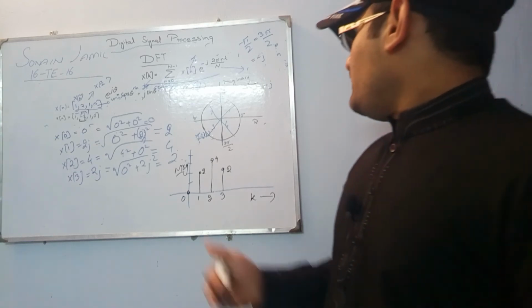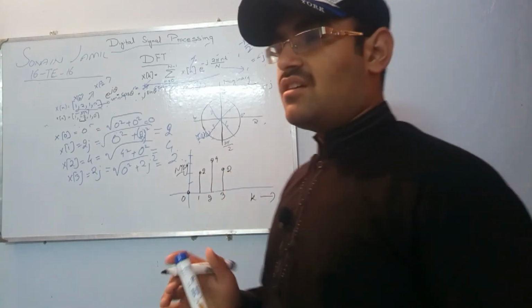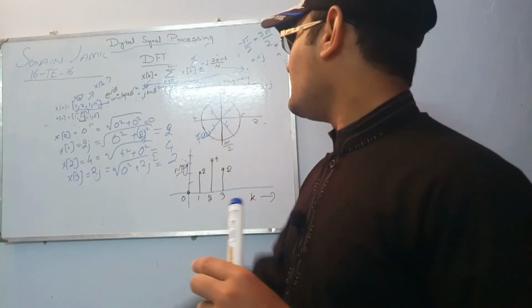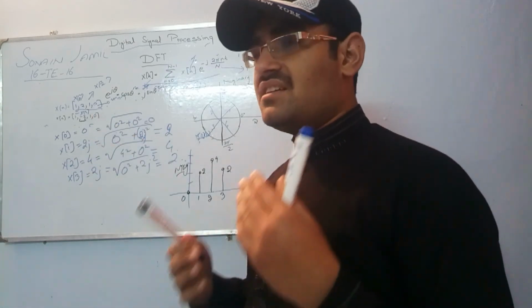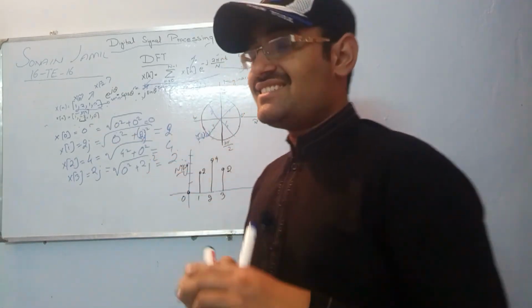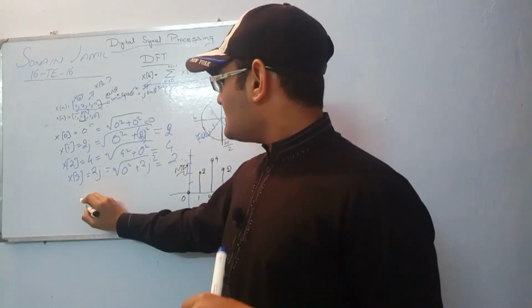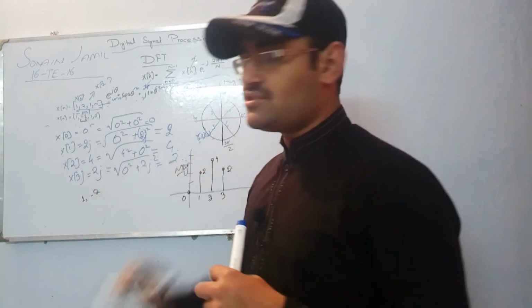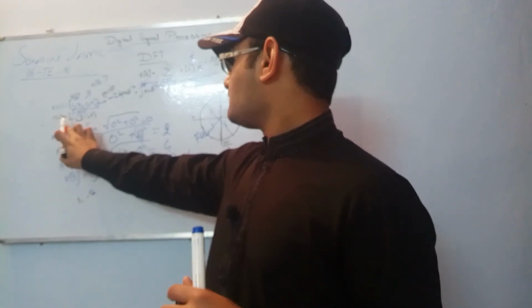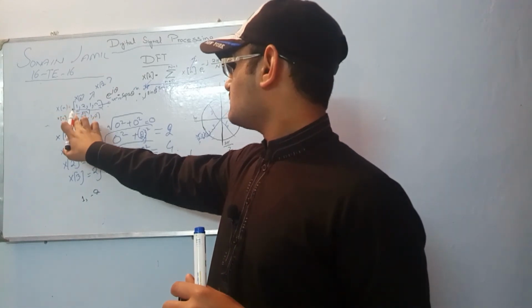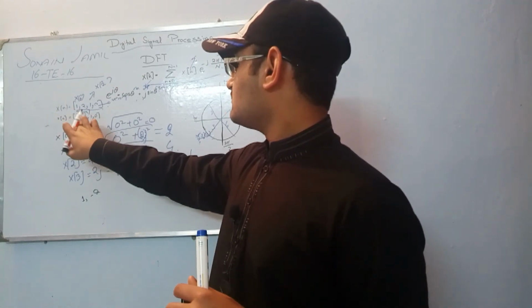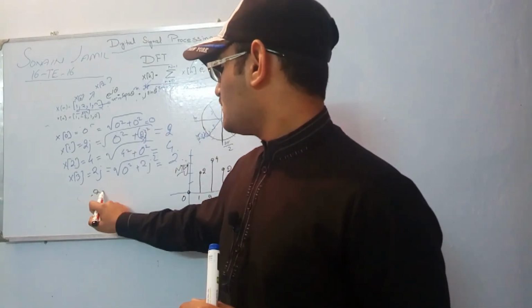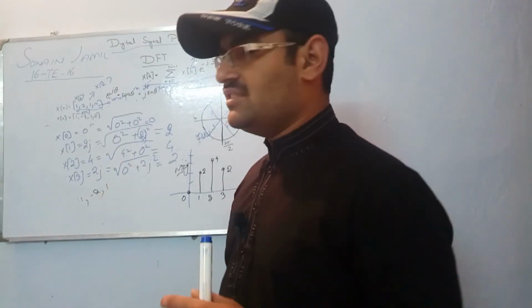So what do we conclude from this graph? We have seen that the maximum frequency occurs where the largest transition occurs. As you can see, it's 1 and the next one is minus 2, and then the next one is 1.